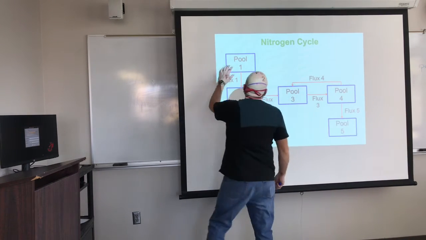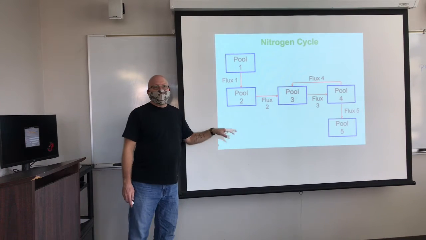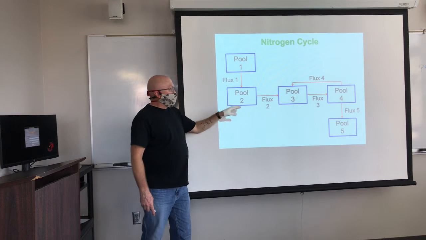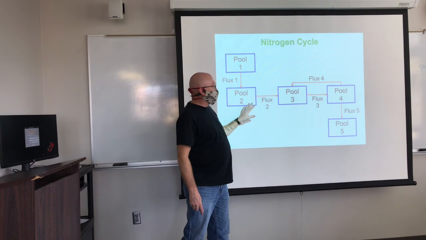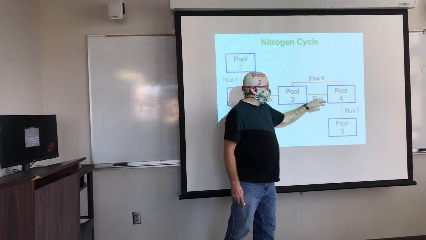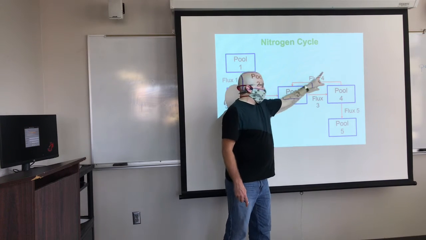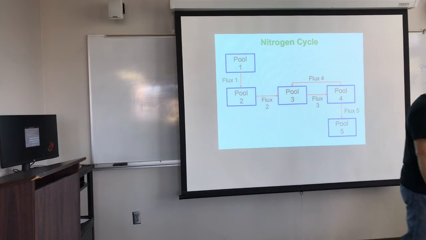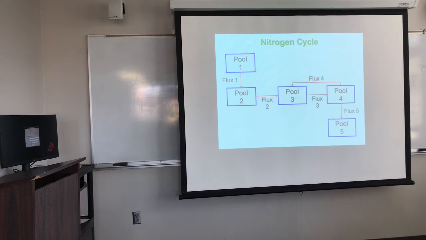In one case, flux 1 is a unidirectional flux from pool 1 to pool 2. Flux 2 is a unidirectional flux from pool 2 to pool 3, but between pool 3 and pool 4, there's actually a cycle going on before it's ultimately lost from the system by flowing into pool 5.